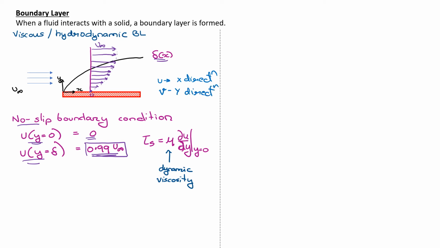So in this equation, our shear stress equals dynamic viscosity times the variation of x velocity with respect to y. Your x velocity u is changing as you move away from the surface. That's what this says. For shear stress, we'll calculate this value at y equals 0, that means at the surface.